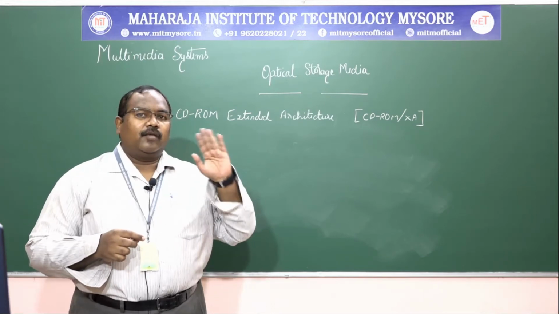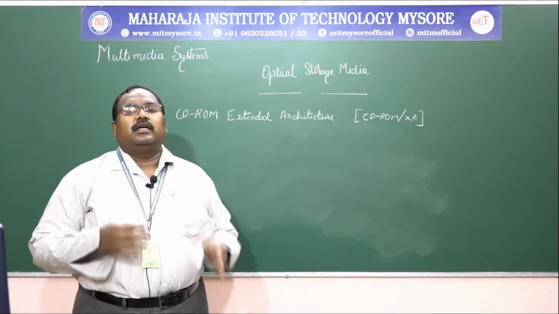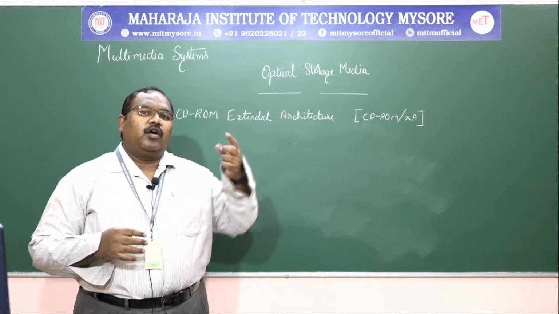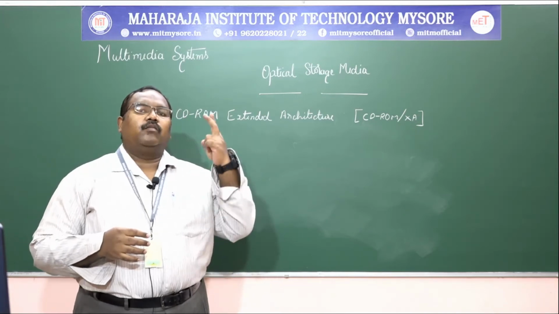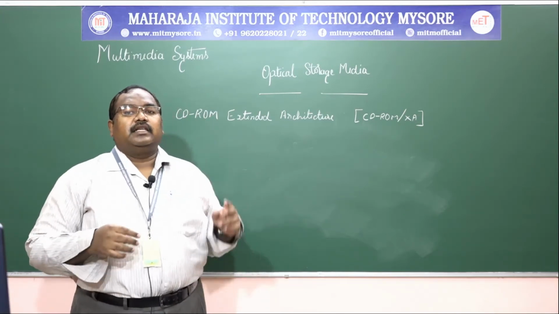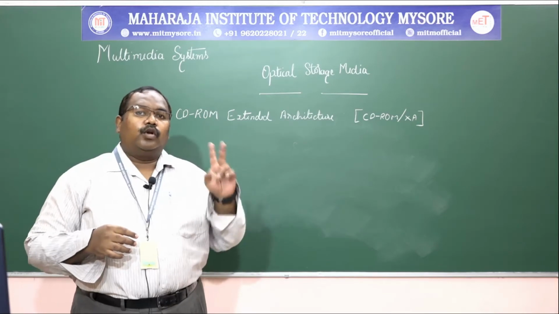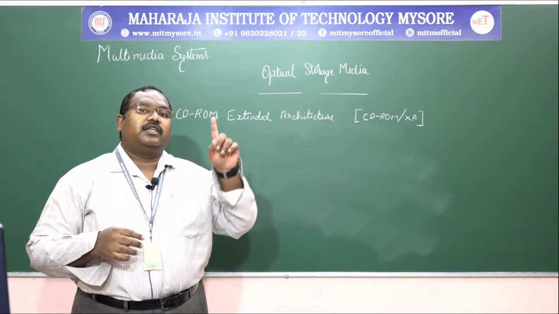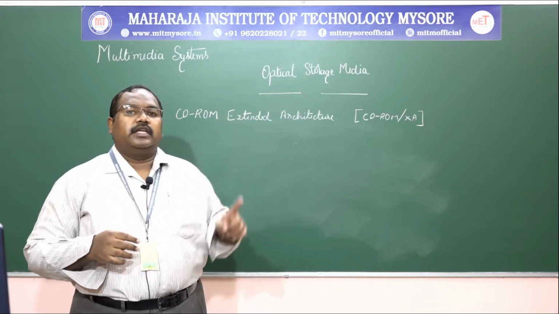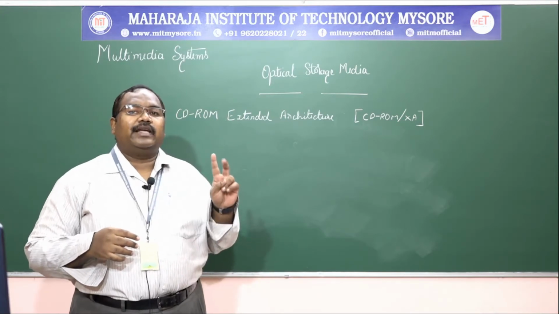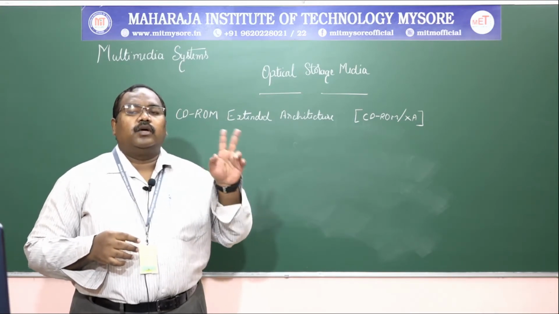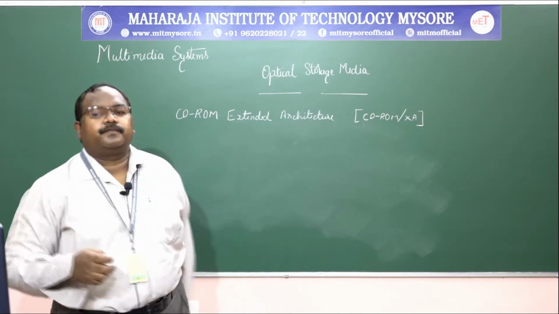I would like to clarify again. In a CD-ROM we had CD-ROM mode 1 and CD-ROM mode 2, whereas here we have CD-ROM mode 2 with respect to extended architecture form 1 and CD-ROM mode 2 with respect to extended architecture form 2. Let us look into these.